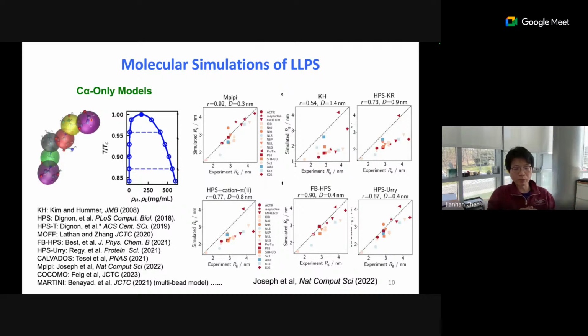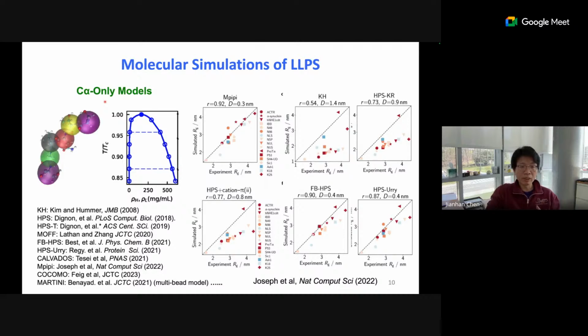For example, you can look at the PDB to figure out how often alanine comes together with another alanine, or with leucine. We can use those statistical potentials to describe the effective stickiness between different amino acid types, and this becomes the energy function used in this C-alpha model. So it's really simple but really powerful.